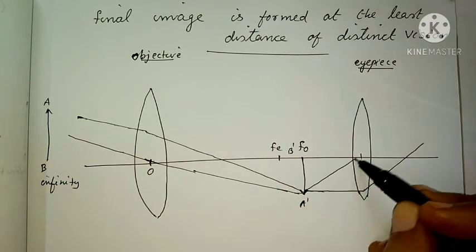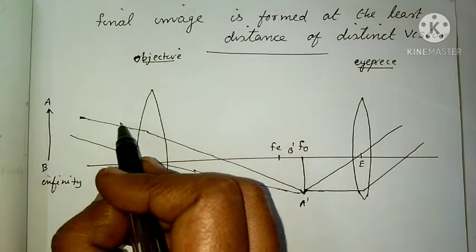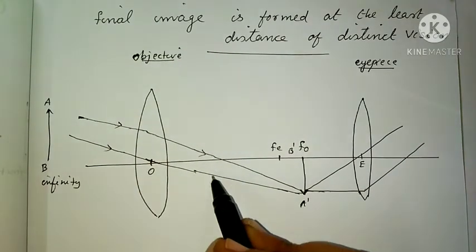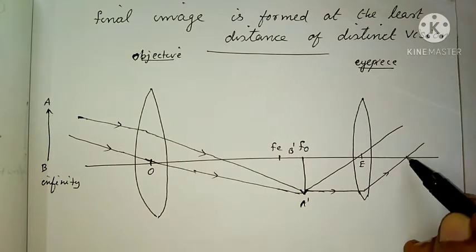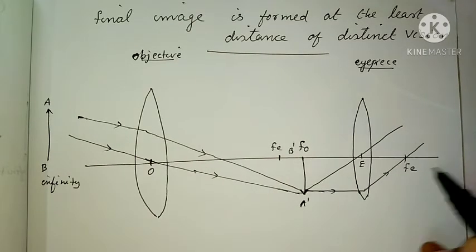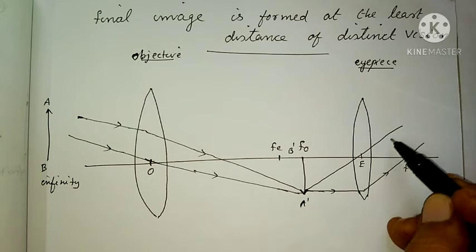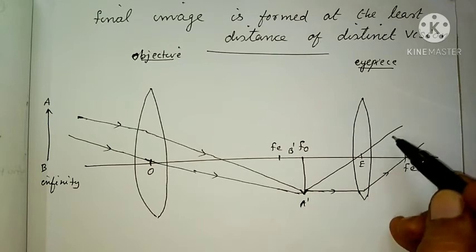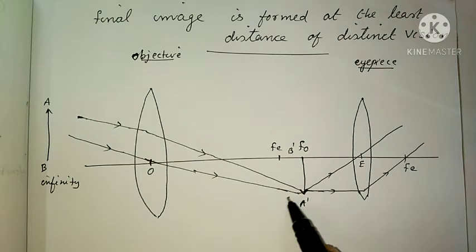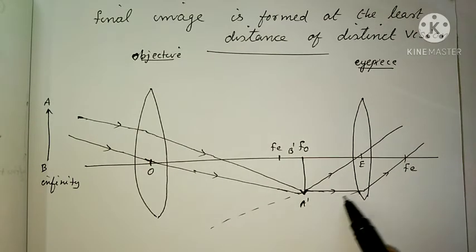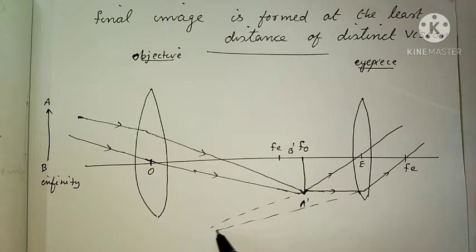After refraction, we can note the arrows here. One ray passes through the focus of the eyepiece and the other ray passes through the optic center of the eyepiece. Then after refraction, the final image is formed at the least distance of distinct vision from the eye.